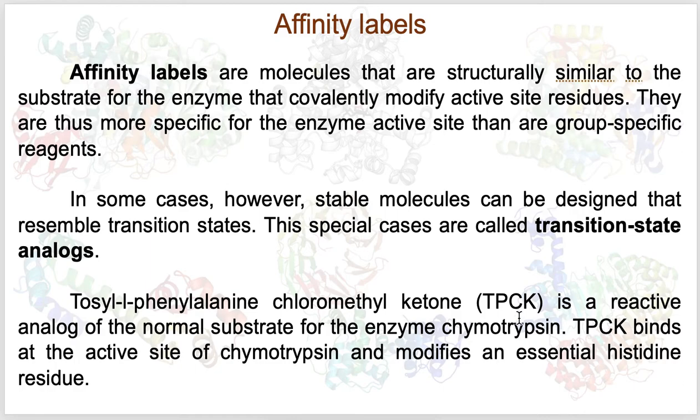TPCK is one example of such an affinity label inhibitor, and this inhibits the chymotrypsin enzyme. Actually it binds with the active site of the chymotrypsin and modifies an essential histidine residue of the chymotrypsin.